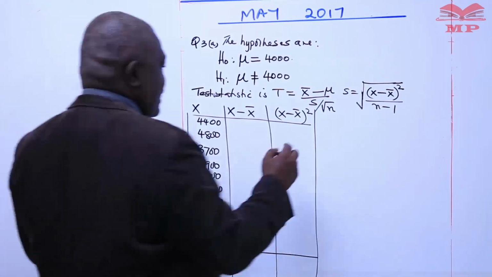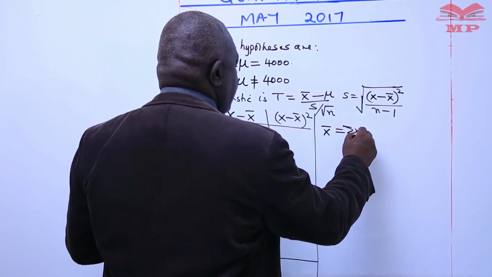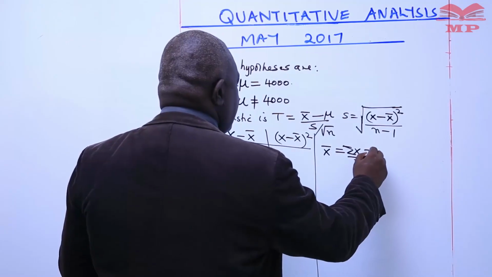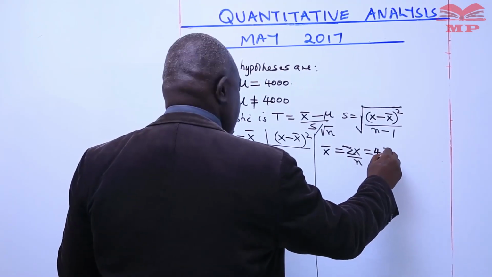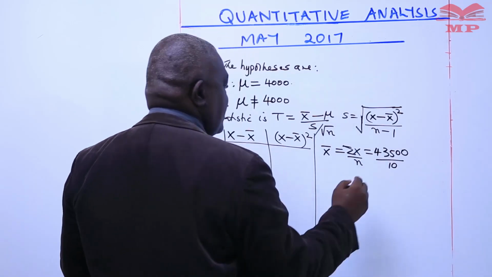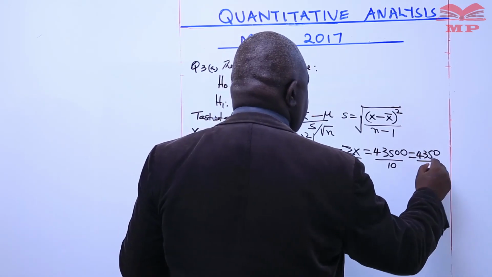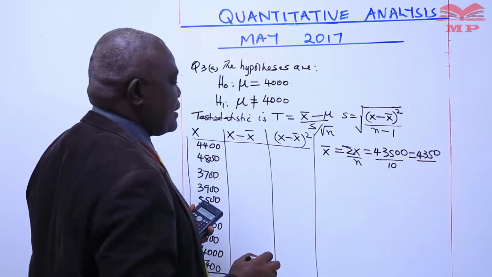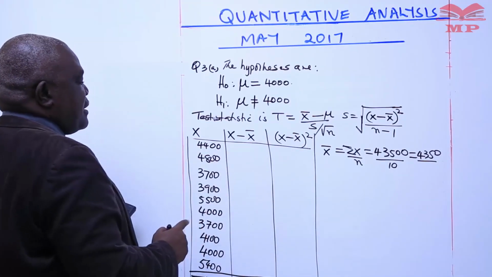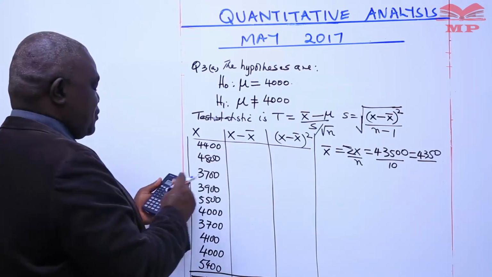So from here, I can get X bar as the sum of X all over N. N is the sample size, which is 10, so 43,500 over 10. That gives me 4,350. So I get the difference of every value of X and the mean, then square the results.